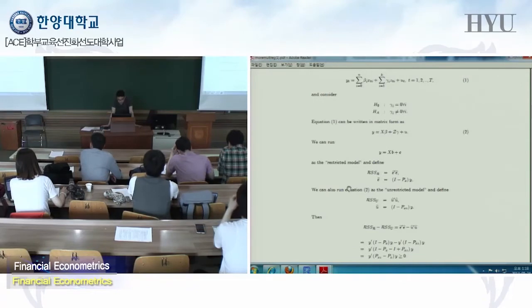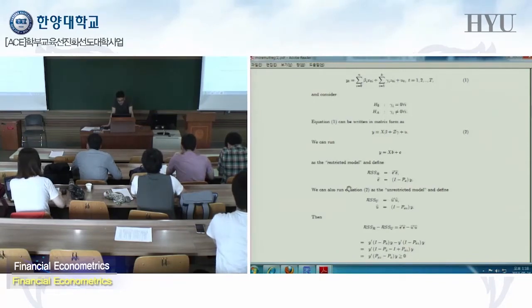Here u hat is the projection of y on the null space of x and z, or u hat is y minus the projection of y on the space spanned by both x and z. Okay, I have a quick question. If we compare the null space of x and the null space of both x and z, which one should be larger?